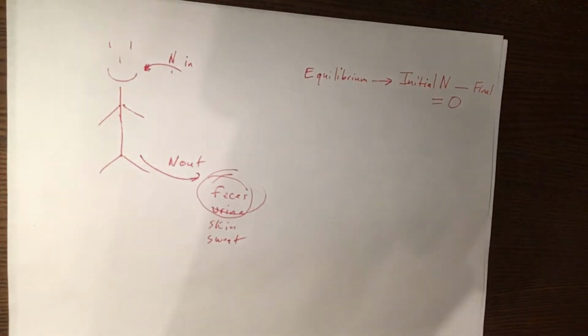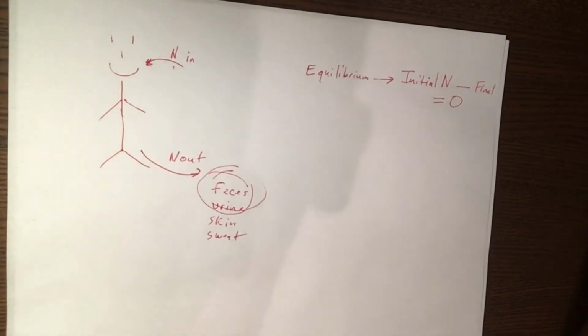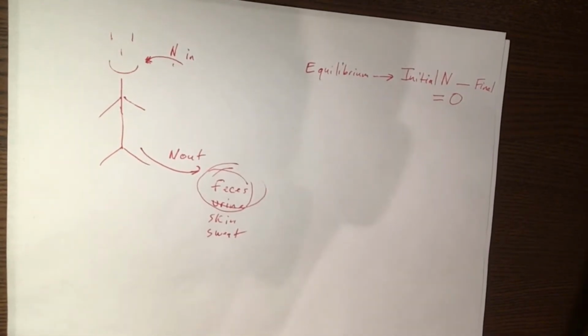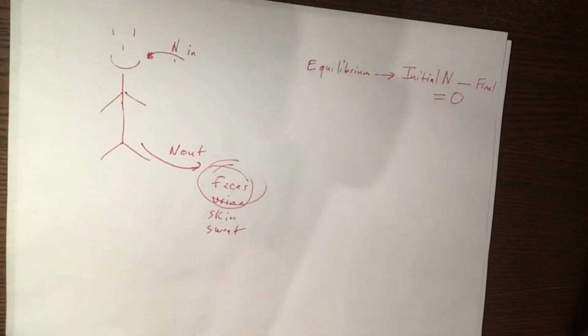So what comes in is equal to that of what comes out. That's equilibrium. That means that the body is in a very much a maintenance state where nothing more is required and nothing more is utilized. So it's actually the perfect amount this person would need.